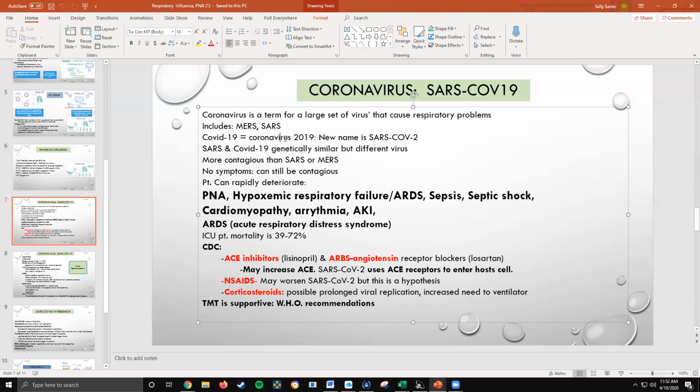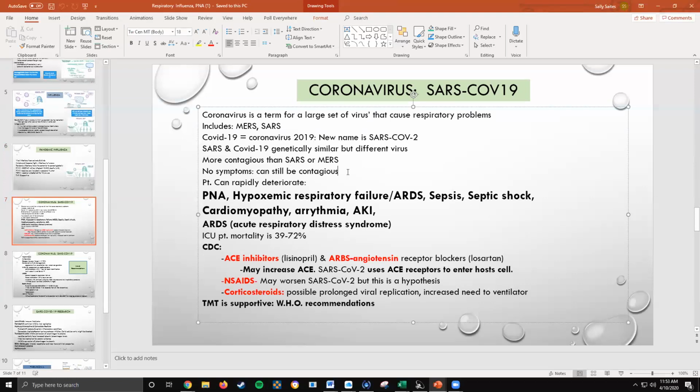COVID-19 came from coronavirus 2019. And then they saw a similarity with SARS. And so the new name for COVID-19, the real name, is actually SARS-CoV-2. Okay. So because it's kind of mutated between, they're very similar. They're different, but they're very similar.